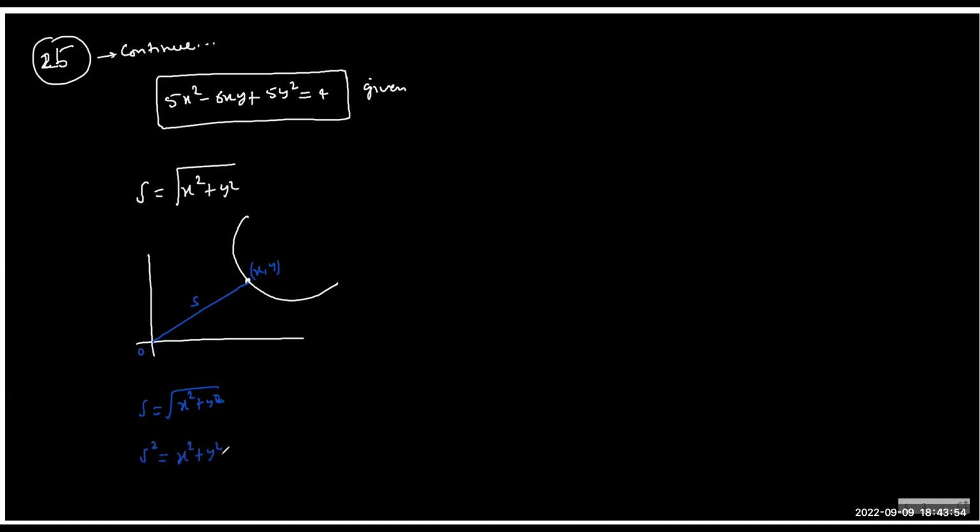Okay, what do we want to minimize? Which quantity do we want to minimize? So S. Excellent. To minimize S, the first derivative of S will be 0. And if the first derivative of S is 0, the first derivative of S square is also 0, isn't it?